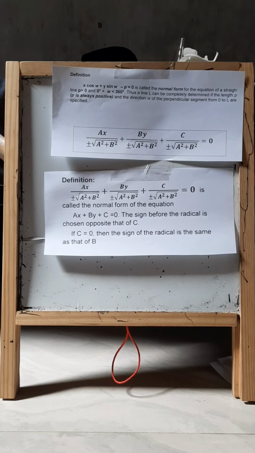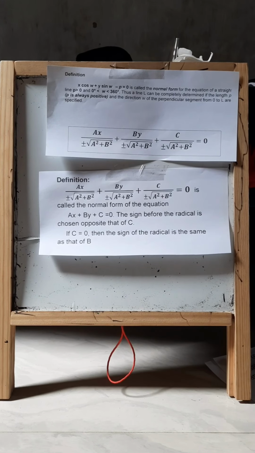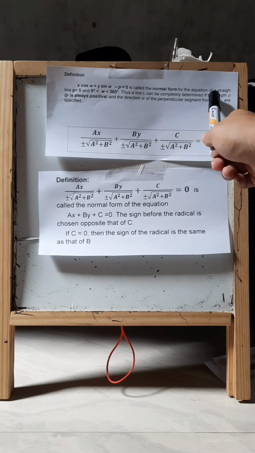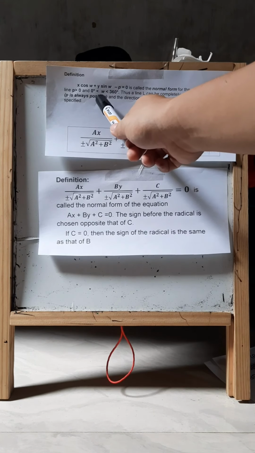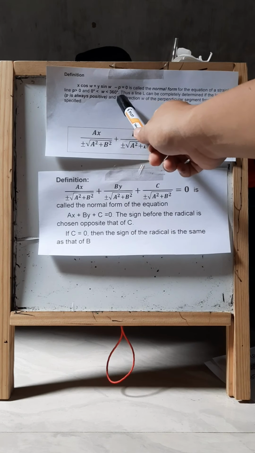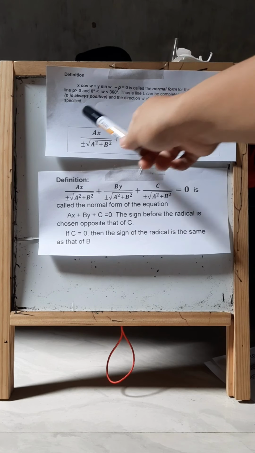Let's continue. We have here another definition. X cosine W plus Y sine W minus P equals 0 is called the normal form of the equation of a straight line. P is greater than 0 and W is between 0 degrees and 360 degrees. So it says here, P is always positive.